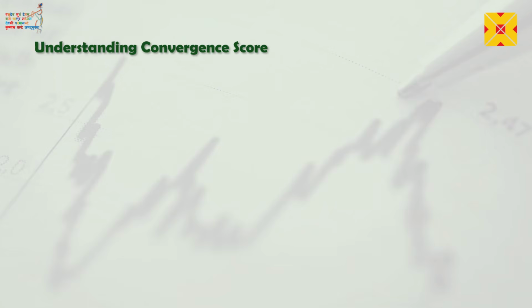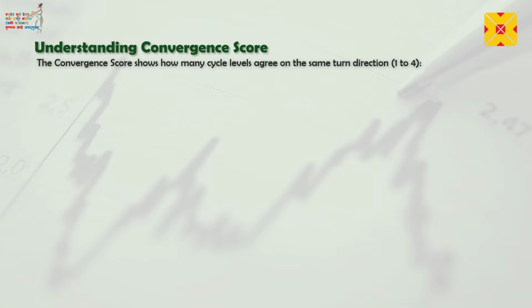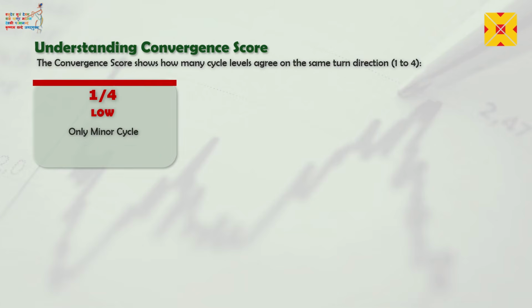The convergence score shows how many of the 4 cycle levels agree on the same turn direction. A score of 1 out of 4 is low convergence. Only one cycle, typically the minor cycle, is predicting this turn. In this case, use a smaller position size, around 40 to 50% of your normal size.